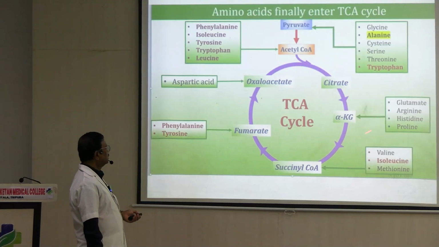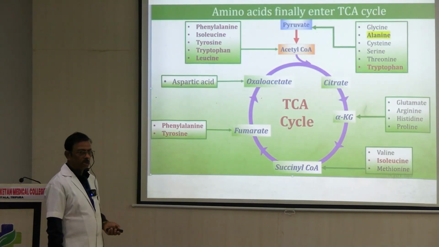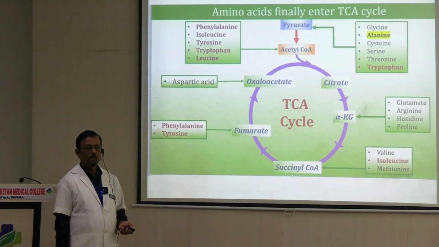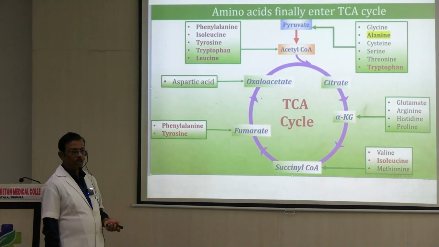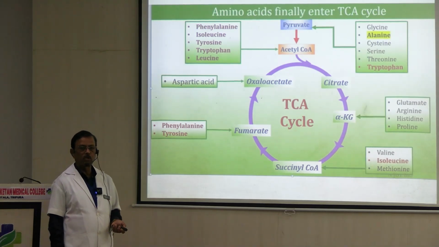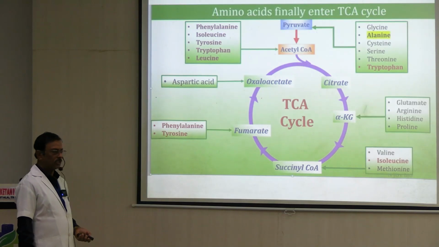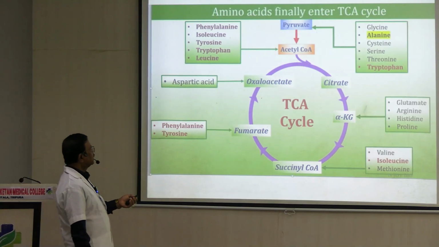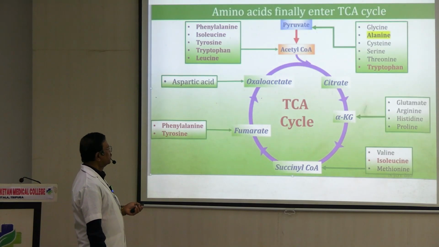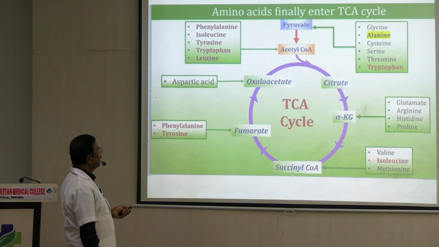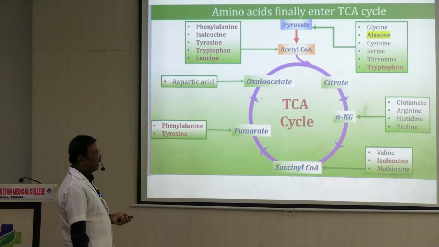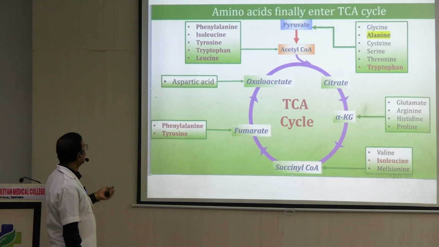These are the amino acids which can enter the TCA cycle to get metabolized. Their carbon skeleton is metabolized in the TCA cycle. Glycine, alanine, cysteine, serine, threonine and tryptophan: their carbon skeleton is converted into pyruvate and then takes part in the TCA cycle.